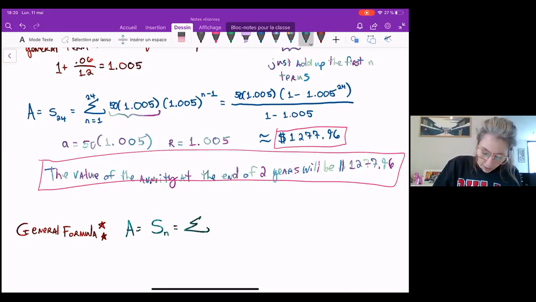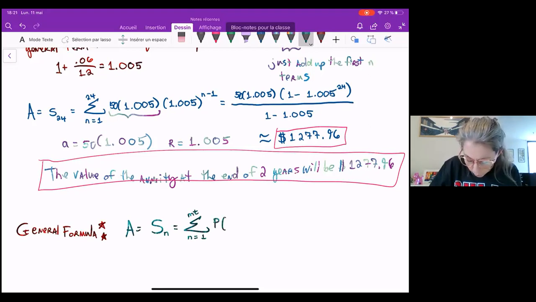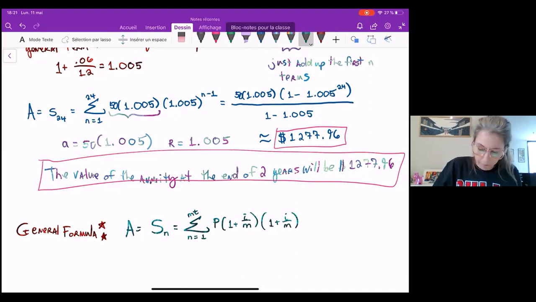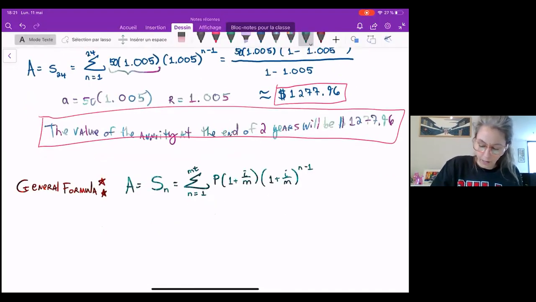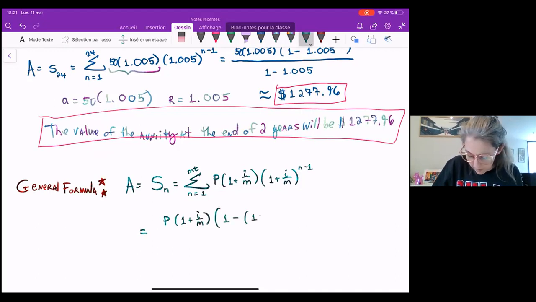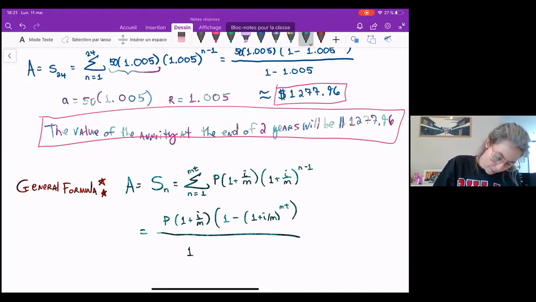So it's the sum from n equals 1 to MT of P times 1 plus I over M times 1 plus I over M to the n minus 1, which is equal to P times 1 plus I over M times 1 minus 1 plus I over M to the power of MT, all divided by 1 minus 1 plus I over M.